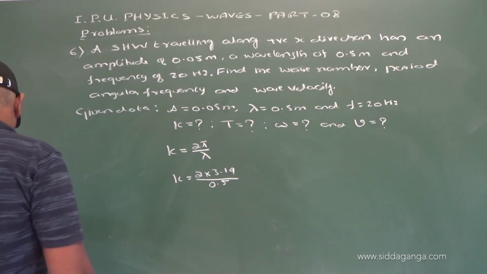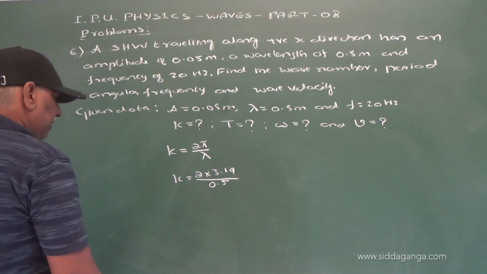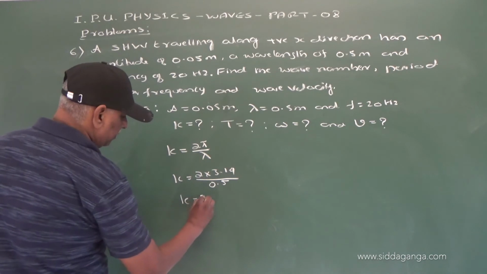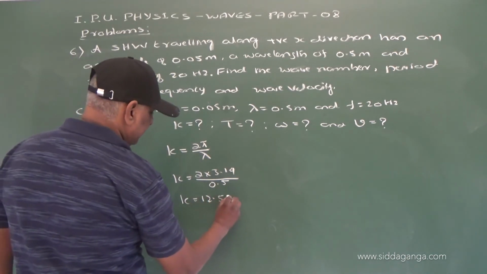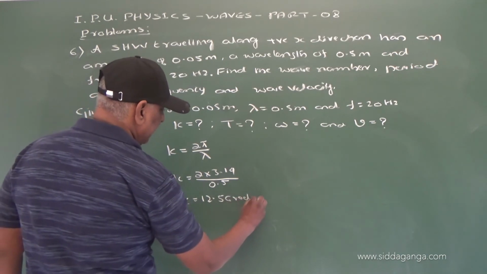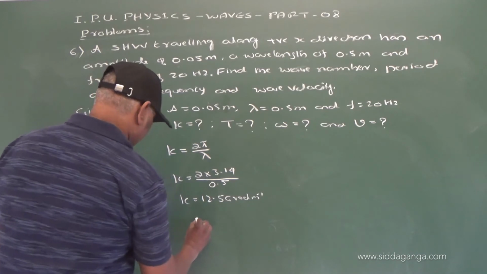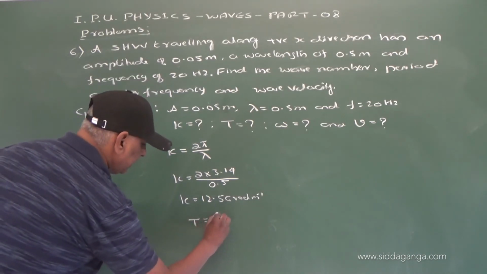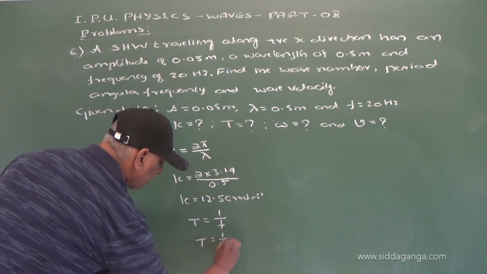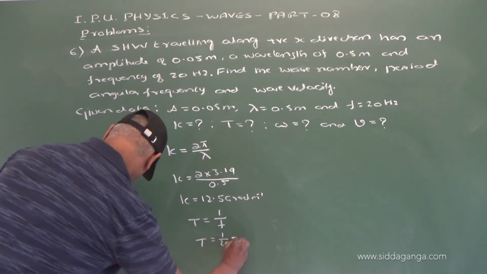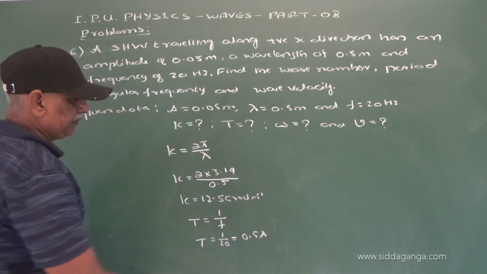This comes out to be k is equal to 12.56 radian per meter. Now the time period T is equal to 1 by f, or T is equal to 1 by 20, that is equal to 0.05 second.